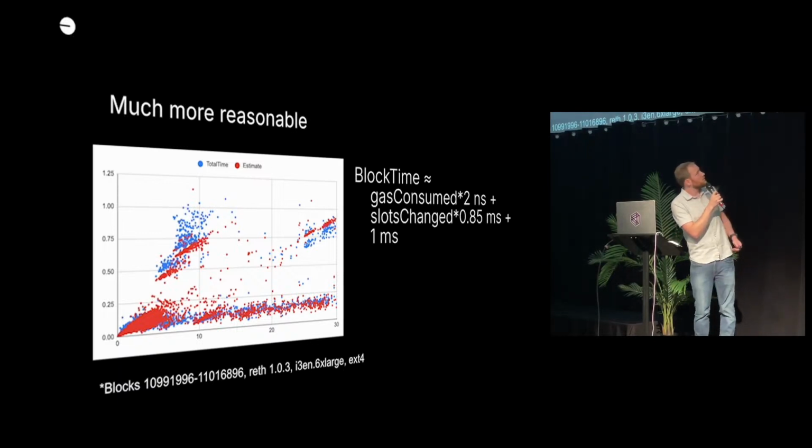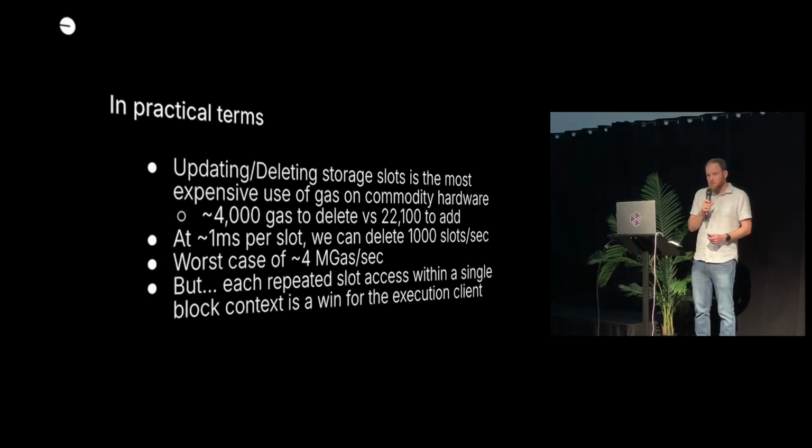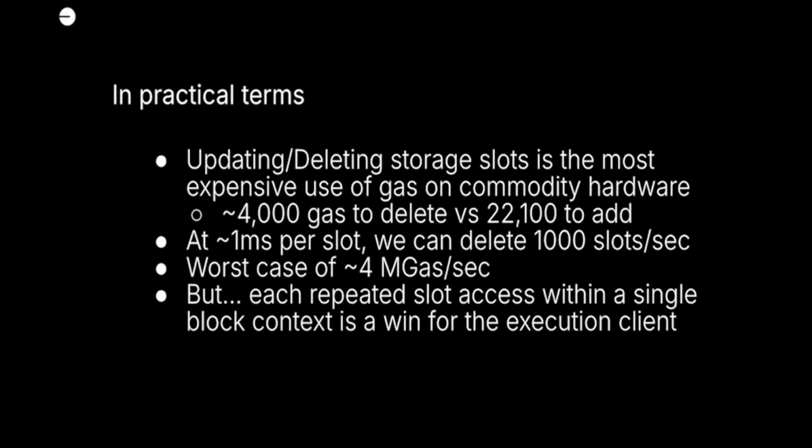It also means, in practical terms, that updating and deleting storage slots is really the most expensive use of gas on our commodity hardware. After you factor in refunds, it's only around 4,000 gas to delete versus 22,000 to add a slot. So that's a 5 to 6x difference in cost.